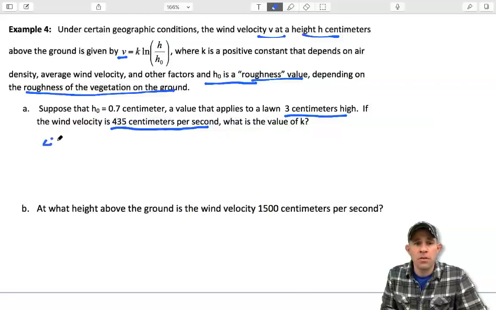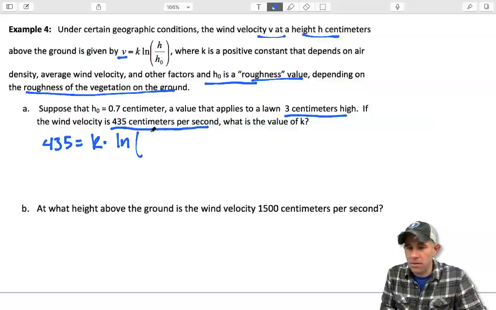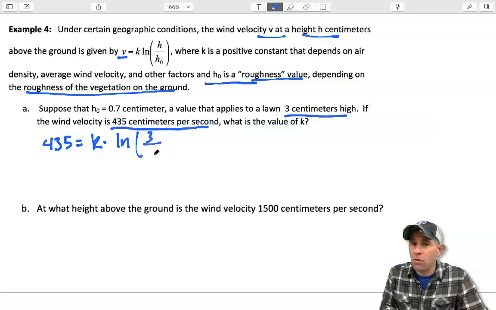So we're going to substitute our values into this very complex equation. We have k times the natural log of the height of the grass, which we said was 3 centimeters, divided by its roughness, which was 0.7.